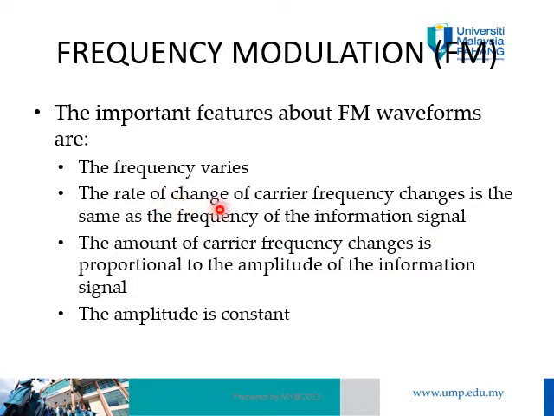So the rate of change depends on the frequency of the modulating signal. Third, the amount of carrier frequency change is proportional to the amplitude of the modulating signal. The information signal is also known as the modulating signal. Number 4, in frequency modulation, the amplitude of the FM modulated signal is constant.